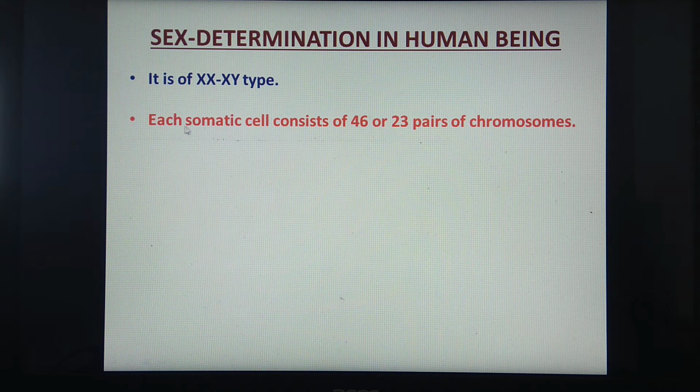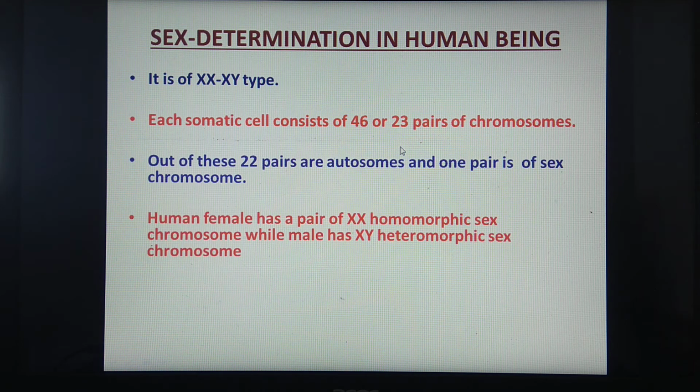In human beings, each somatic cell consists of 46 chromosomes or 23 pairs of chromosomes. This is the general idea about the number of chromosomes. I think all of you know about the diploid number of chromosomes in somatic cells. So what is it? It is 46 chromosomes or in the form of 23 pairs.